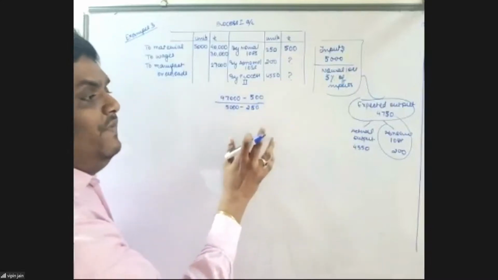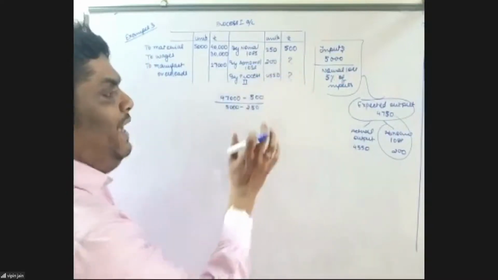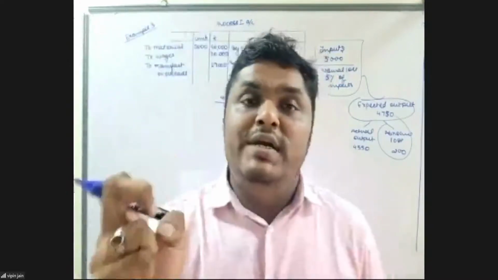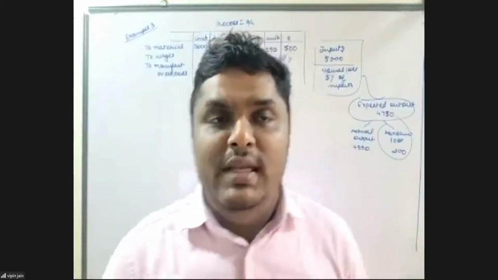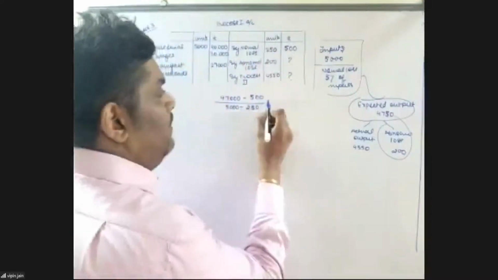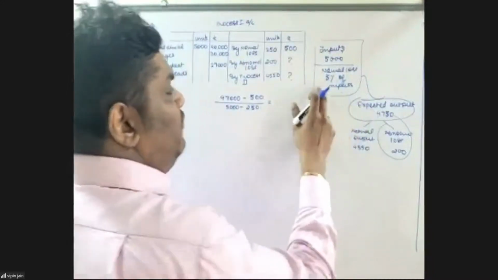Again, the product cost will not be inflated. We will not subtract the abnormal loss units. Why? Because if we subtract the abnormal loss units, the product cost will inflate, and this approach is incorrect. So that's why we will deduct only the normal loss unit, that is 250 units.